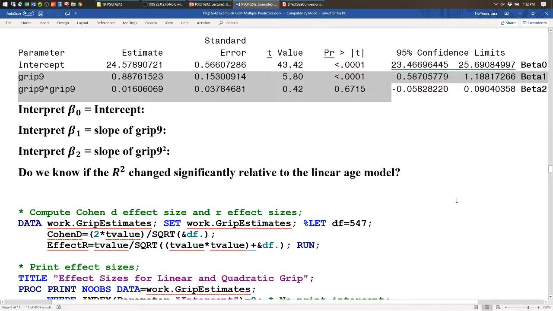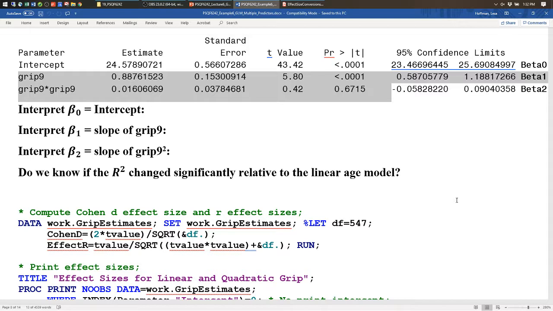Same sort of conclusion. However, which pattern is this? So the linear slope for grip is at 9 pounds. It's positive. What happens to it as grip increases? These are both positive numbers. More positive. By how much? And don't say 0.01. Non-significant, but by how much according to the coefficient? What's the rule?